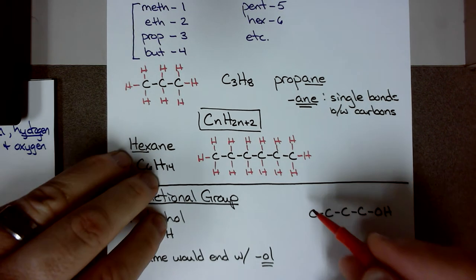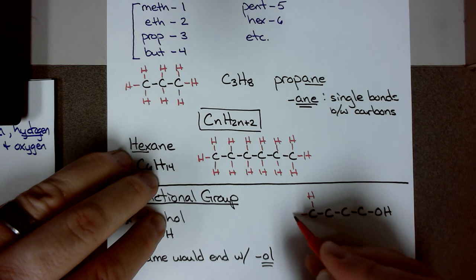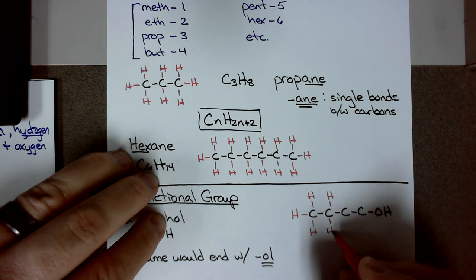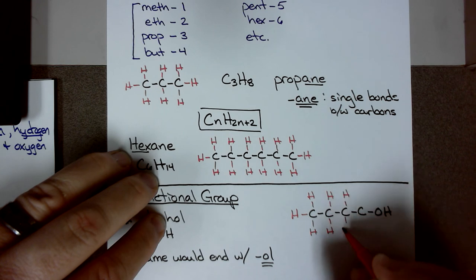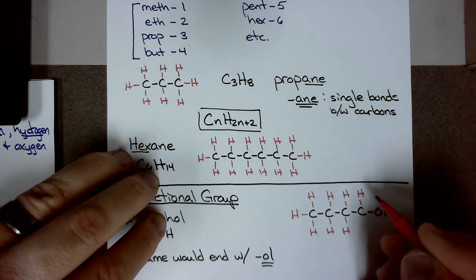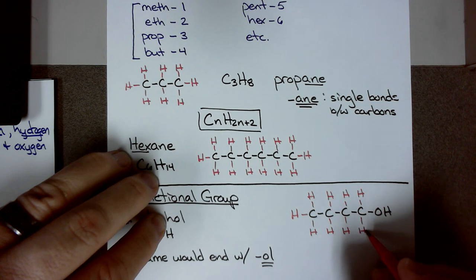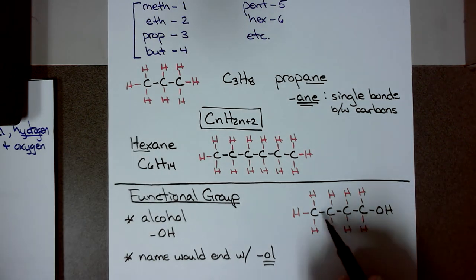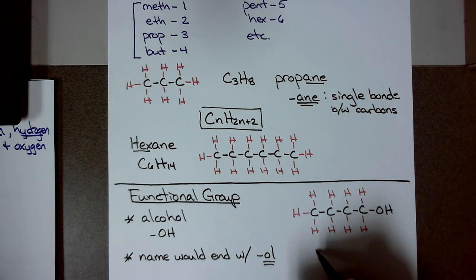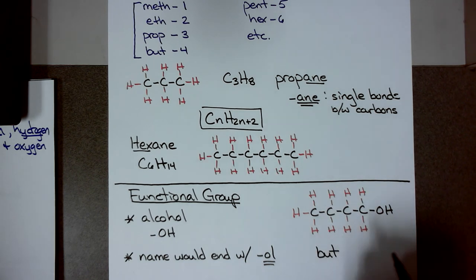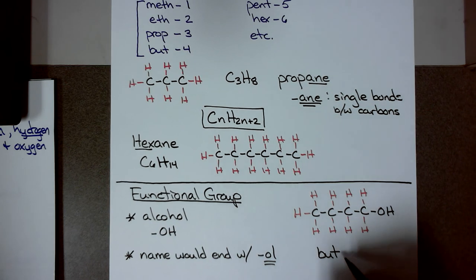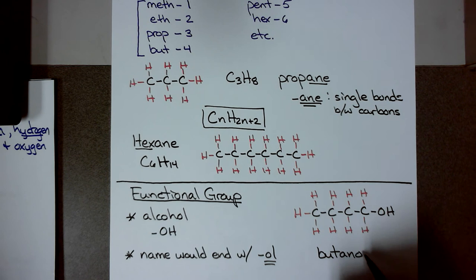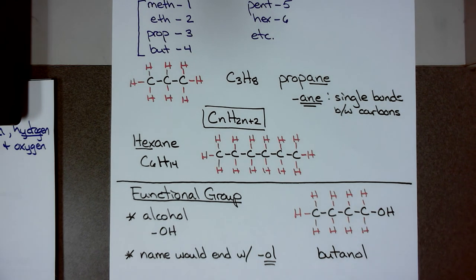Let me put all my hydrogens on here. And so what we have, we would call this 1, 2, 3, 4, so that's but, prefix, single bond, so we put an, and then ol because of the alcohol, so butanol. That would be how we would name it.